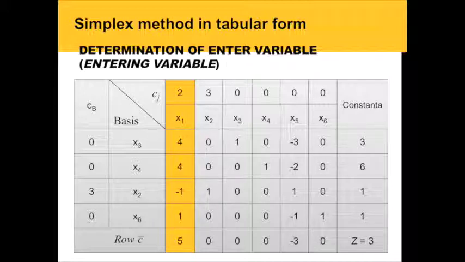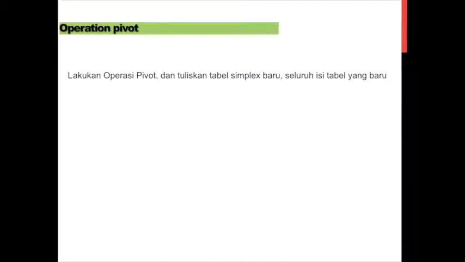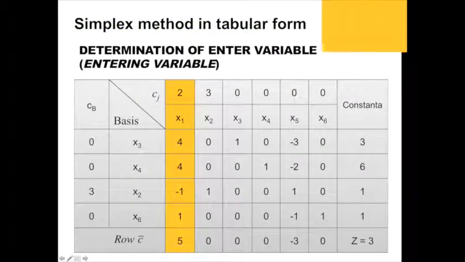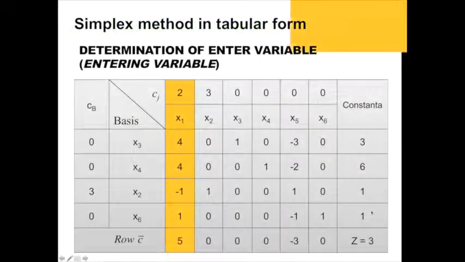After that, you can see the greatest value is 5, so we will pay attention to this column, and then same as before, the 3 is divided by 4, the 6 divided by 4, the 1 divided by -1, the 1 divided by 1. So the smallest value is 3 divided by 4, right?